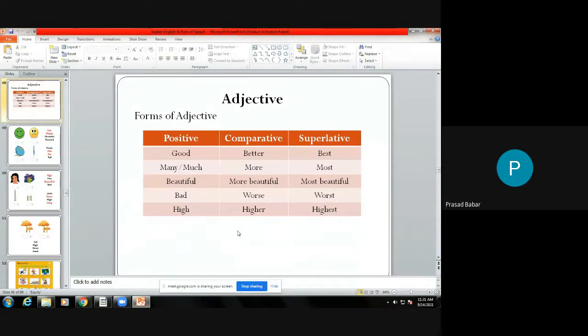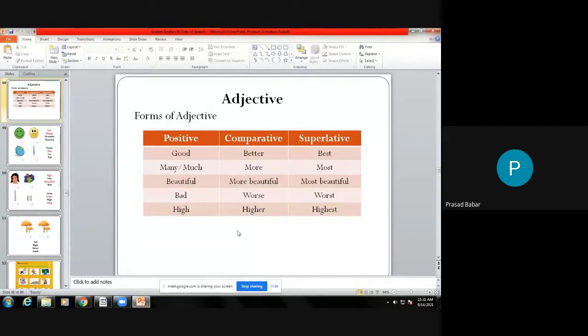So let's do one more chart here. This is the chart of the forms of adjective.